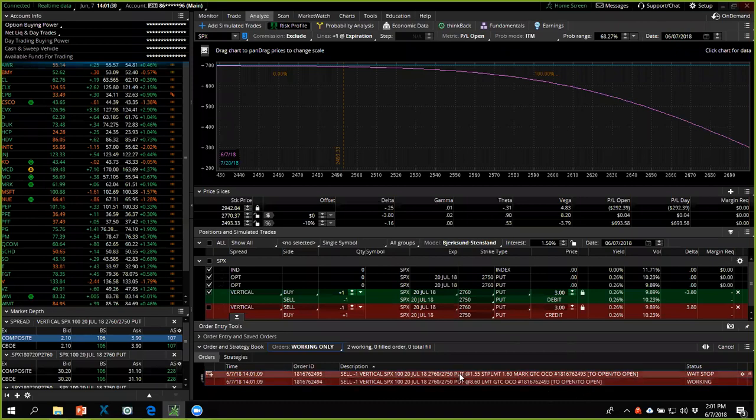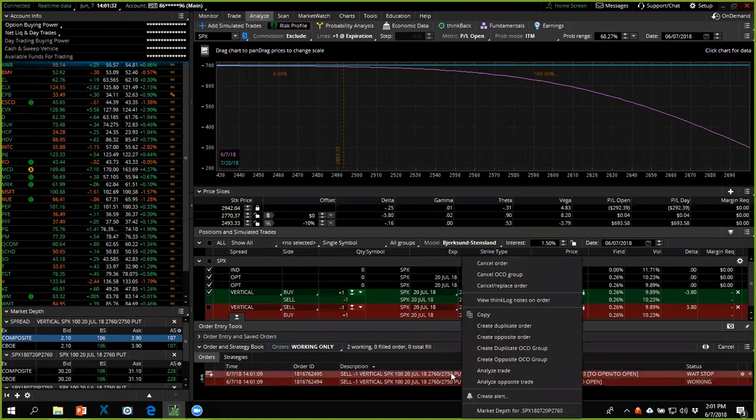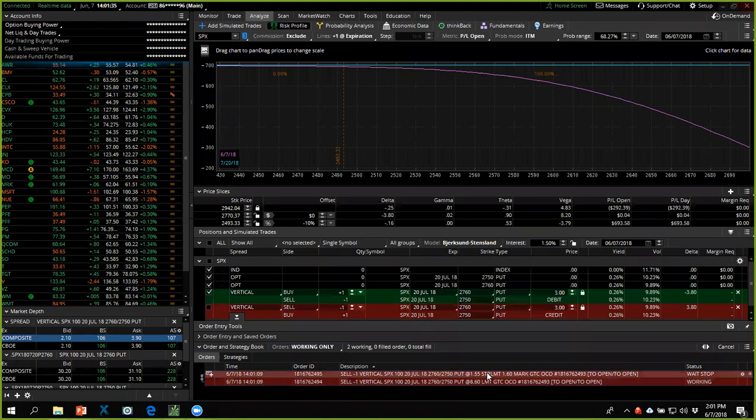The stop limit is sell this vertical at, I think I was reading it backwards, $1.55, limit $1.60. Anyway, you can see that there's this little chain link here. That means these two orders are linked together, and because we made them one cancels the other, only one of these will ever execute. Okay, that's a way that you can automate closing this particular piece of a trade.